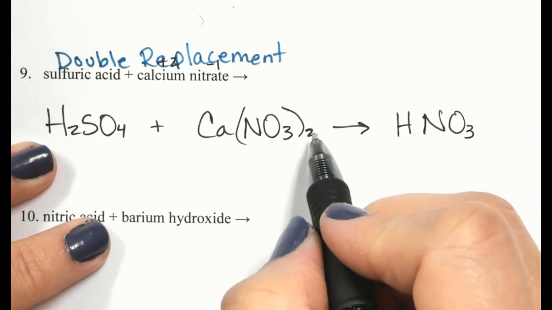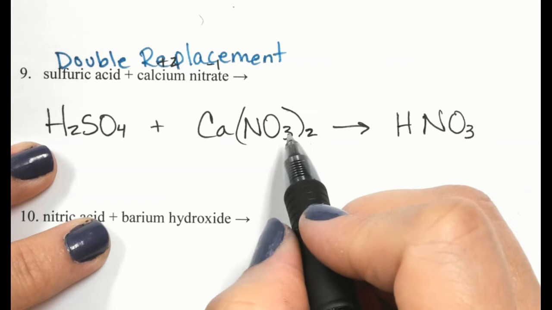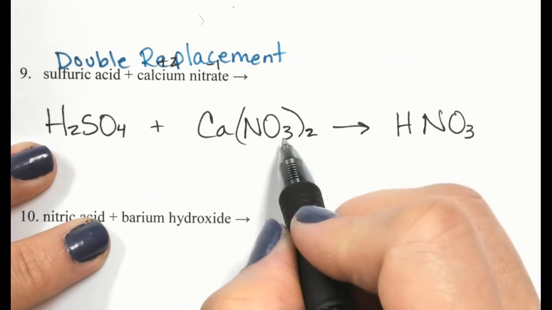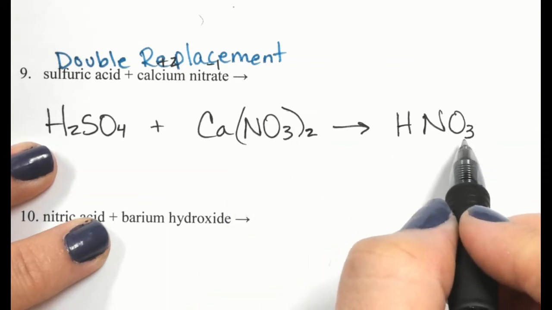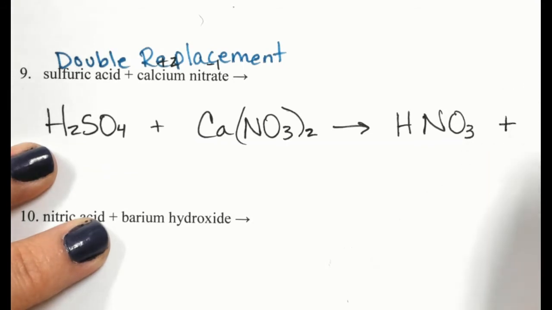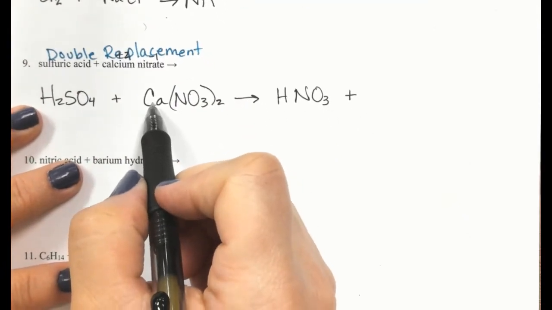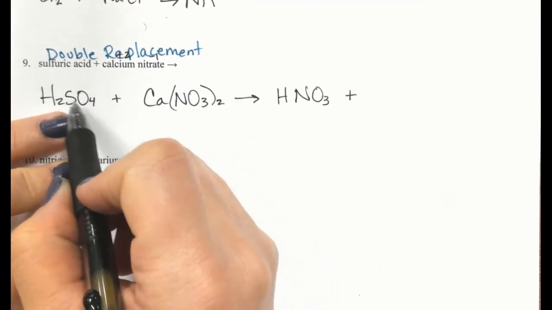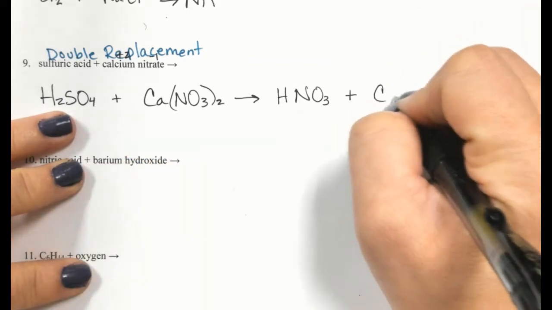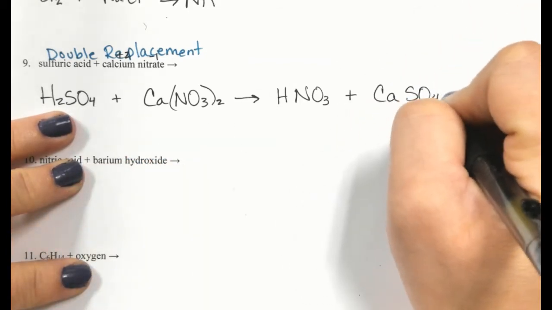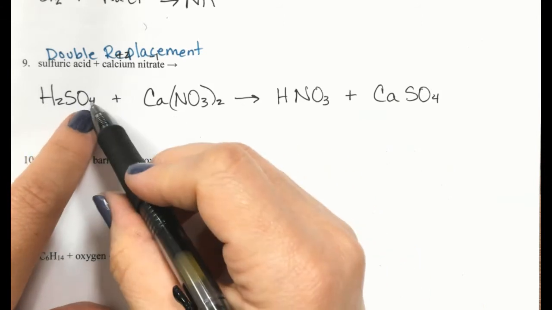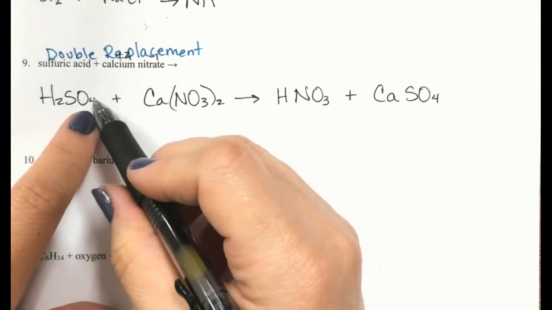But this 3 is part of nitrate, and so it does come over to the right-hand side. Plus, third, which is calcium, hooks up with the second thing, which is sulfate. So it's going to be calcium and SO4 for sulfate. I do carry that 4 over because it's part of sulfate.